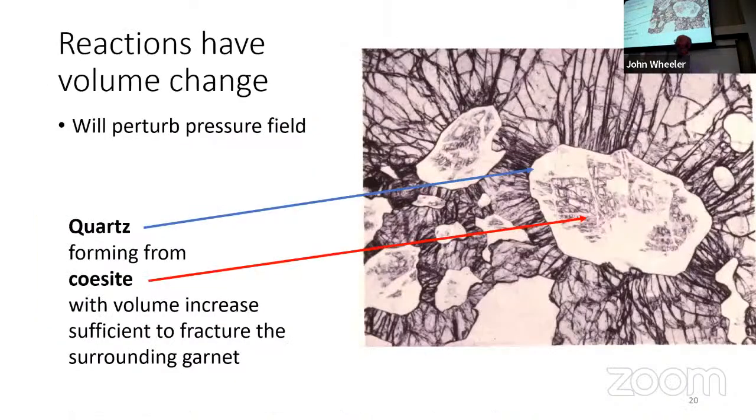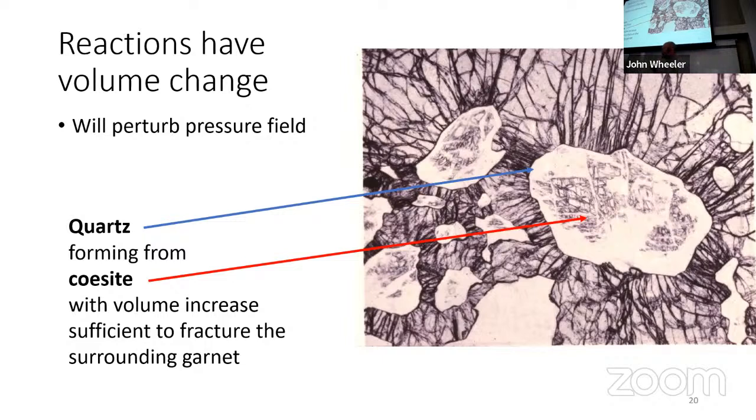Oh, before I do that, sorry, I forgot one bit. Even before we do that, can we just try and take into account in our thinking that when you have a mineral reaction, if you're changing to a denser mineral, it's going to have an effect on the stress system around you. Now, this photograph is of a mineral changing to a less dense mineral.